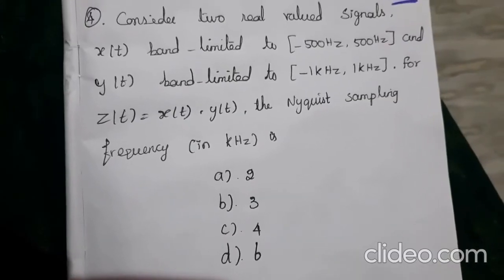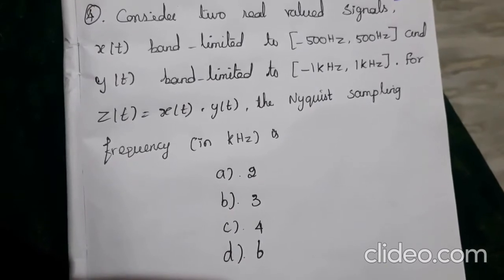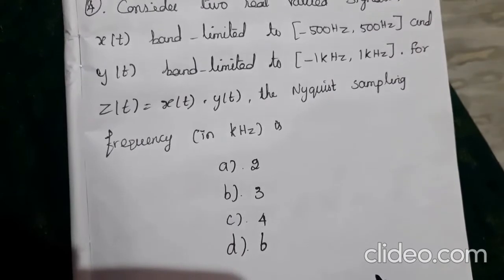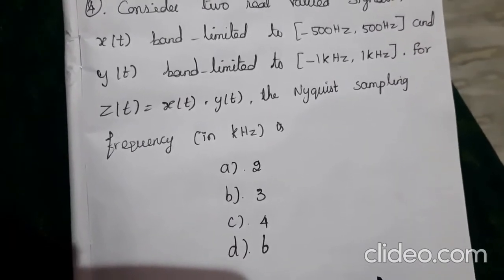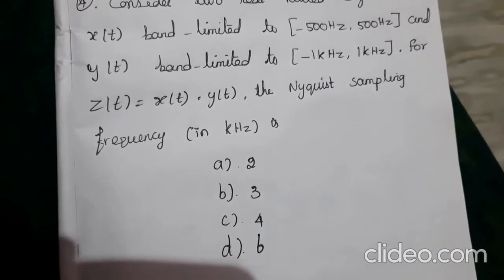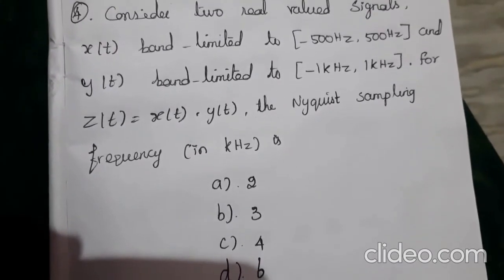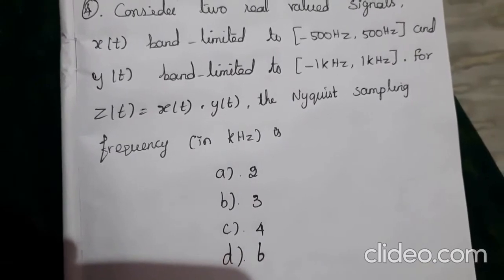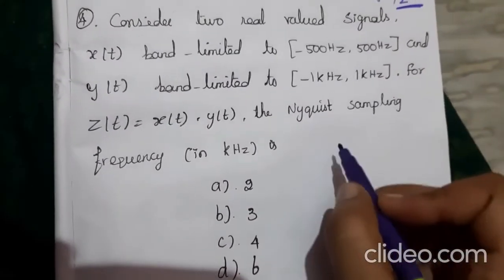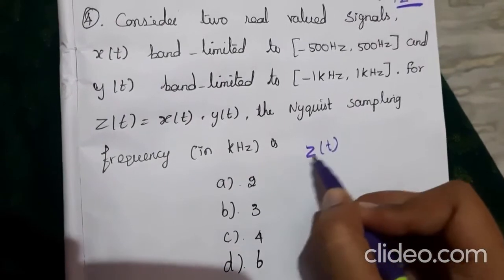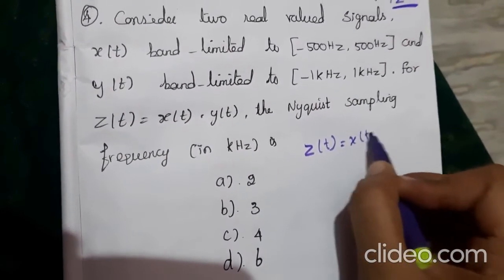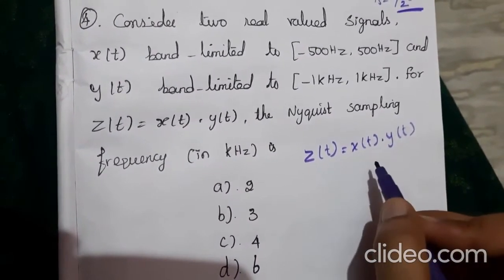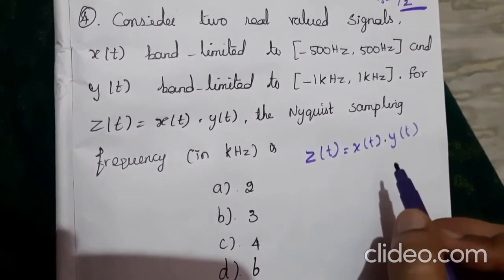Fourth question: consider two real valued signals, x of t band limited to minus 500 Hz and 500 Hz, and y of t band limited to minus 1 kilohertz and 1 kilohertz, and z of t equal to x of t into y of t. The Nyquist sampling frequency in kilohertz is? Here the actual signal is z of t, equal to x of t into y of t, and we know that for a multiplication of signals we have to add the frequencies.